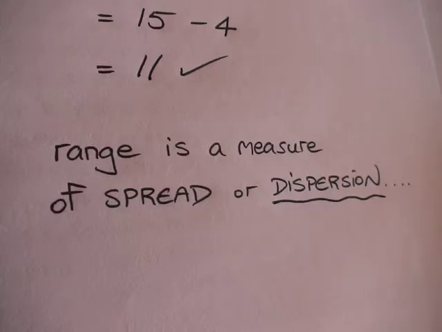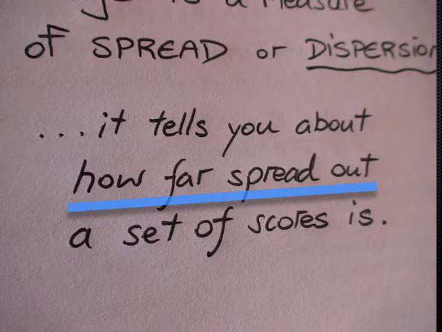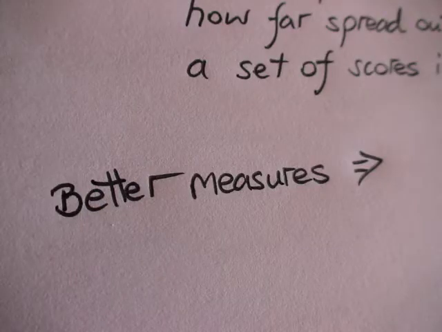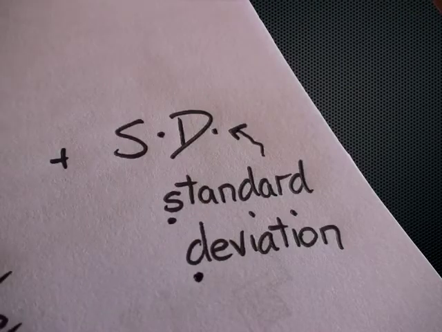A note at this point. The range is a measure of spread or dispersion. Dispersion tells you how far spread out a set of scores is. Two better ones to use would be the IQR, which is the interquartile range, and the standard deviation.